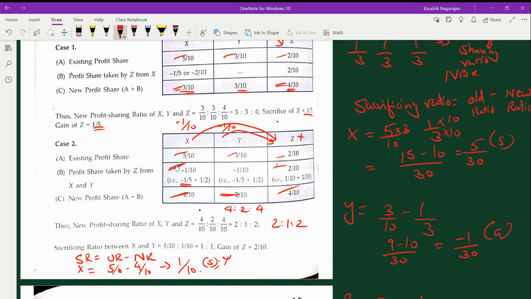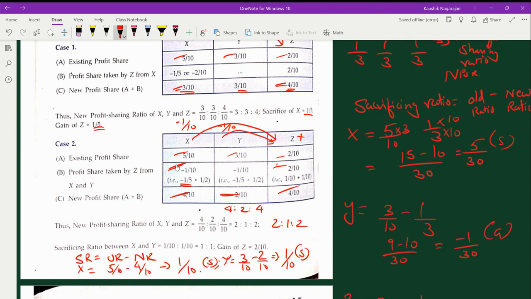Similarly, for Y also, the old ratio of Y happens to be 3 by 10 minus the new ratio, which happens to be 2 by 10. So 3 minus 2 gives you again 1 by 10, which is a sacrifice. So the sacrifice done by the partners X and Y is 1 is to 1.